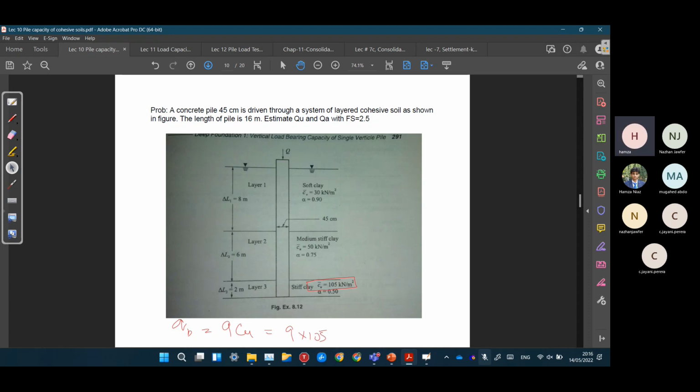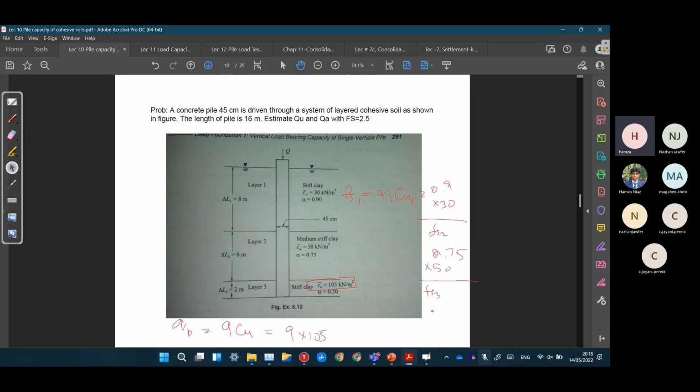The Fs value for each layer would be different. So Fs1 is equal to alpha 1 Cu1, where alpha 1 is 0.9 into 30. Fs2 is alpha 2 Cu2, alpha 2 is 0.75, Cu2 is 50. Multiply and we will get this Fs2.